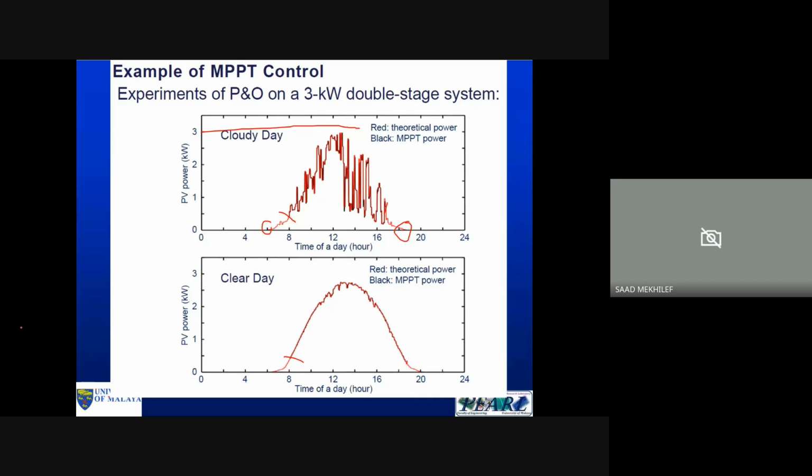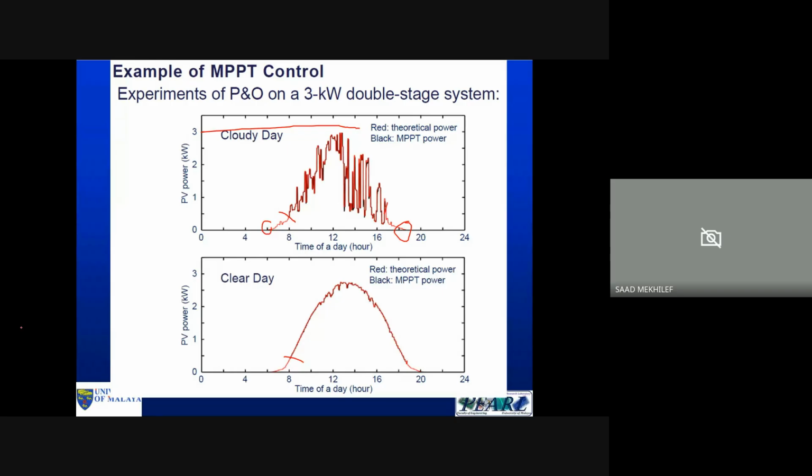But if you have a DC-DC converter, there are two objectives. One is to achieve maximum power, and also to regulate the DC voltage. For example, if the voltage drops below 150 and we are using a boost converter, we can boost up the voltage. Or if we are using a buck-boost, we can boost and also step down the voltage if needed.